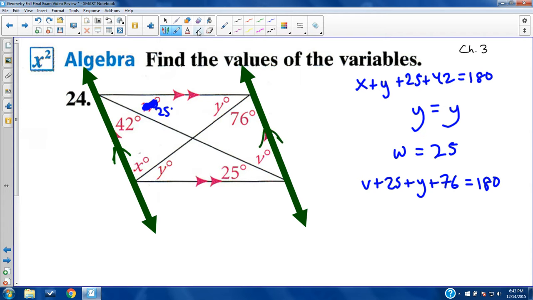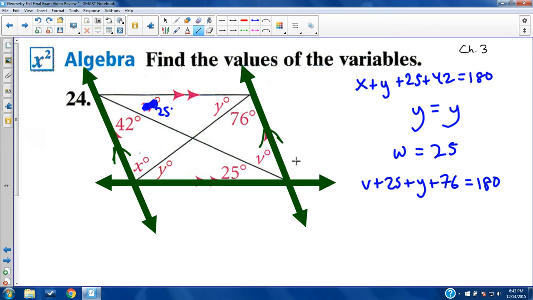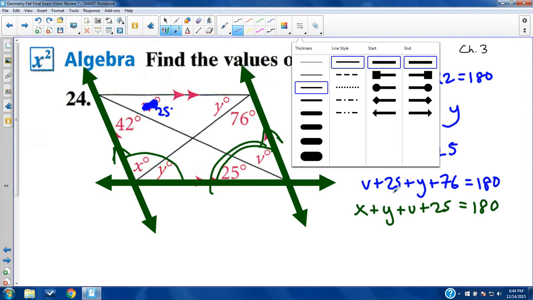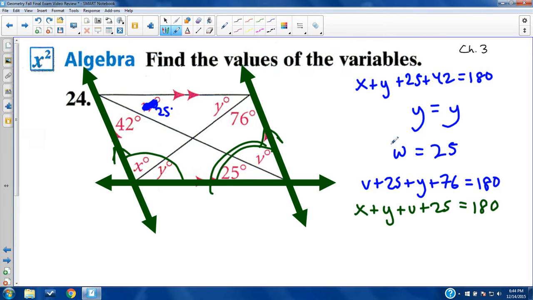Now let's make some transversals out of it. There are 4 different ones we can do, starting with this one down here. And I could make the statement that x plus y plus v plus 25 equals 180. Okay. Now, you could actually do some stuff with this, it looks like. So take a look at these two statements I made last time.